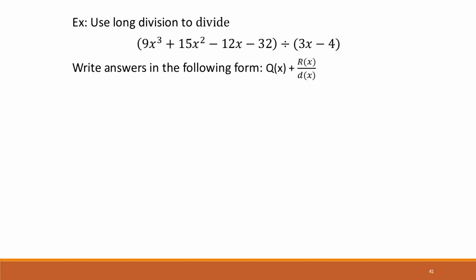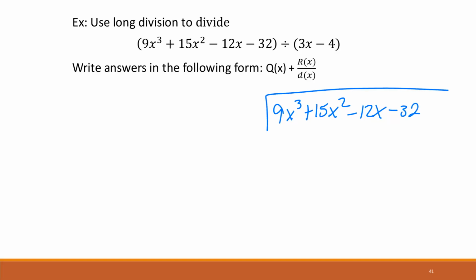Let's do one more together, and then we'll move on to synthetic division. So here we have 9x cubed plus 15x squared minus 12x minus 32. It has all of its pieces, so I don't need to worry about a missing term. So then I have 3x minus 4. So to make 9x cubed from 3x, I would need to multiply by 3x squared.